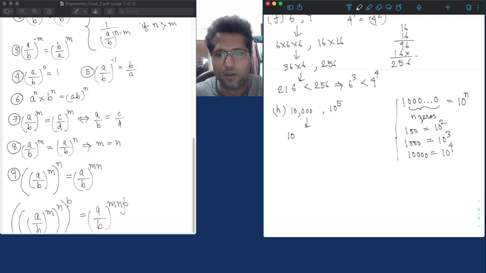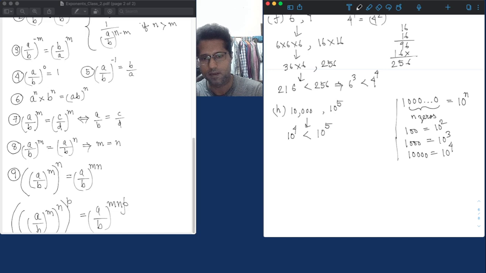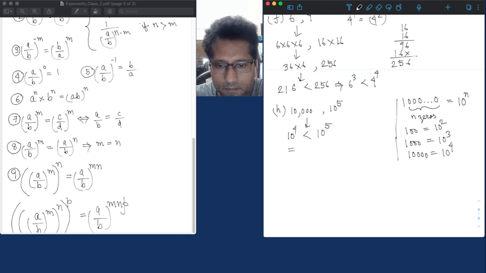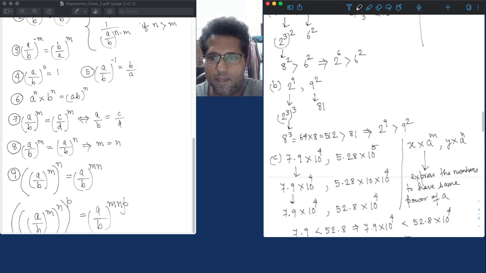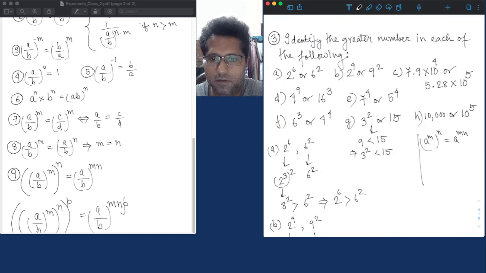So we have 10,000, this is 10 to the power 4, and we can clearly see that 10 to the power 4 is less than 10 to the power 5 because the base 10 is same and the power 4 is less than the power 5. So this implies that 10,000 is less than 10 to the power 5. Okay. What else?